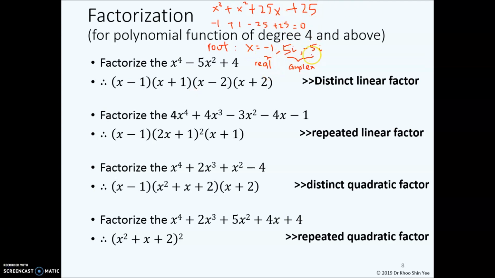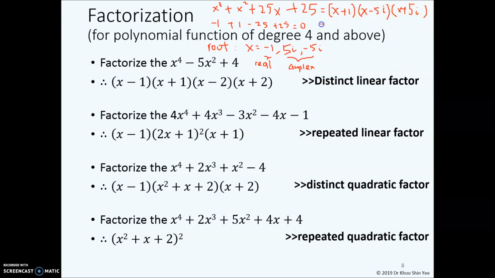Once we get the roots, these are the three roots, so we can directly write the answer in this format. Please take note that the factor here must not be in complex form.